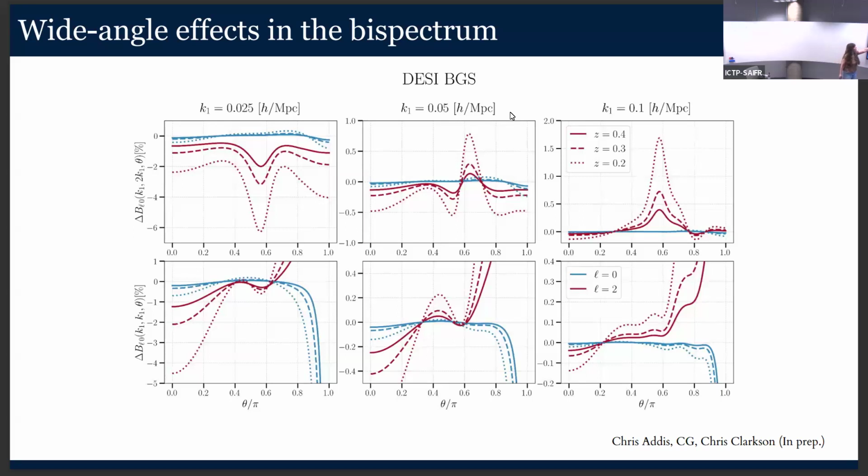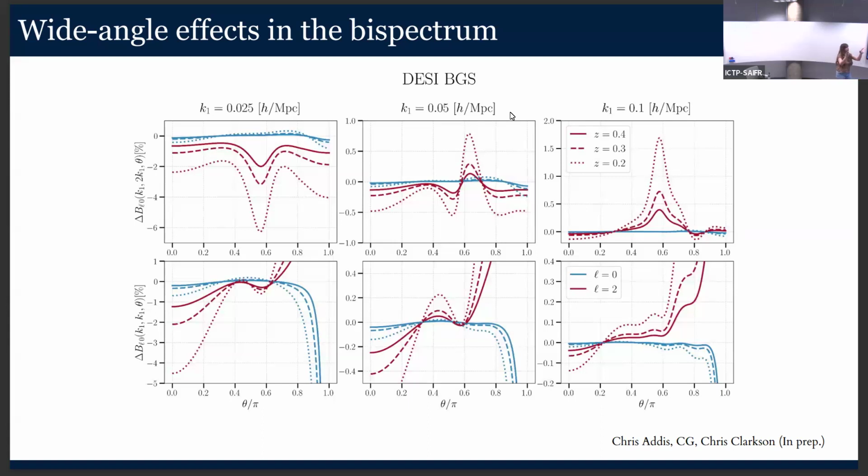Here I'm showing the percentage difference, the relative difference, between the bispectrum without and including this correction. On the y-axis is how much these corrections contribute to your bispectrum. You can see that, for example, for this particular configuration, where two sides of the triangle are the same, the corrections can be up to 5%.